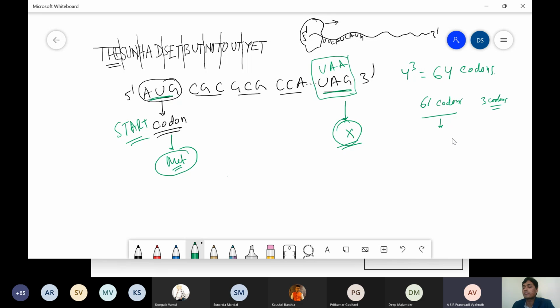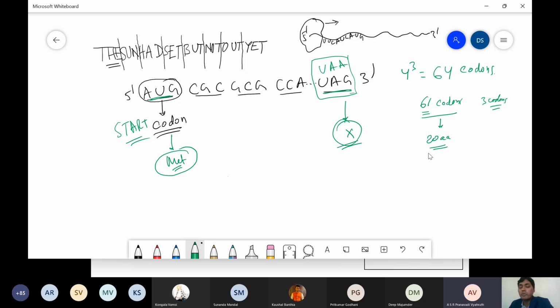Now, we have 20 different amino acids, which means there is degeneracy here. Multiple codons can encode just one amino acid. That's why the 61 codons specify the 20 different amino acids, right?